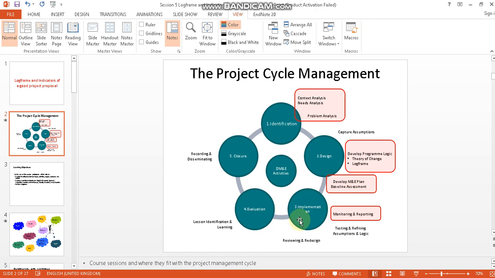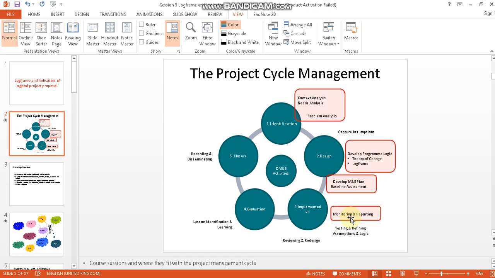Then the third one is implementation. Implementation is comparatively the longer period of the project cycle management. Here, monitoring and reporting are ongoing aspects of implementation that will help to show the progress, challenges, learning, good practices around the project.